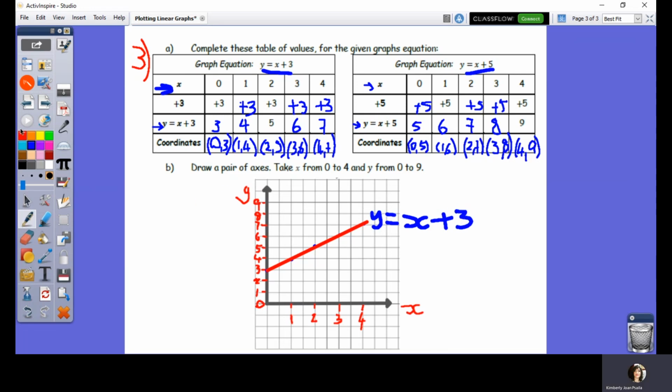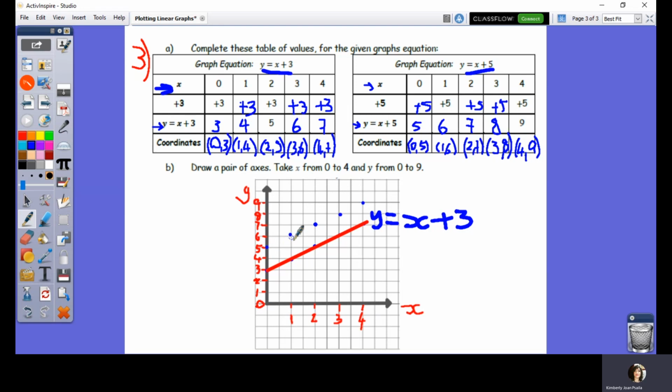Last graph here. Okay, so we have 0, comma 5 again. 0, comma 5 is here. 1, comma 6, 2, comma 7, 3, comma 8, and 4, comma 9.